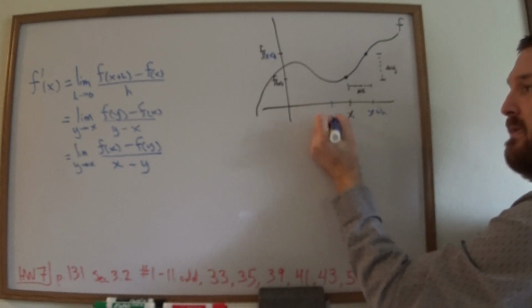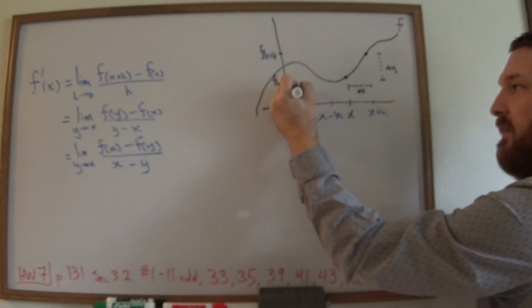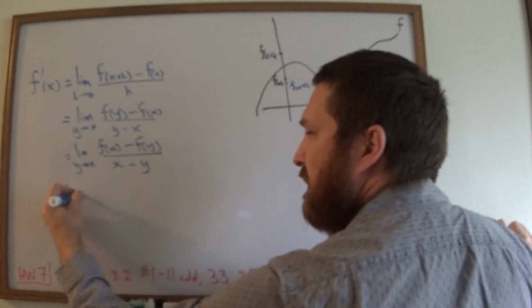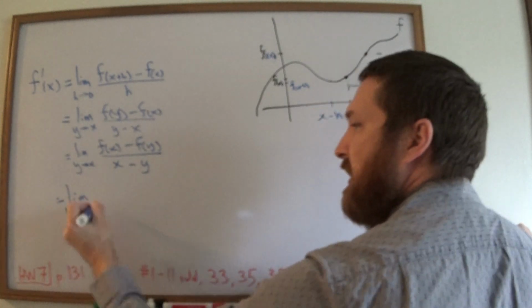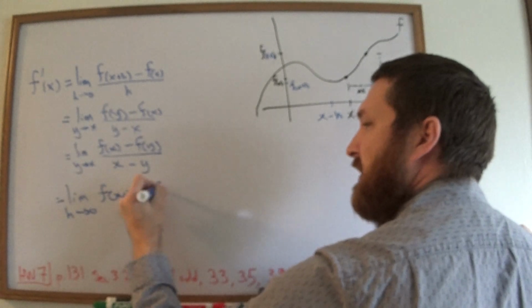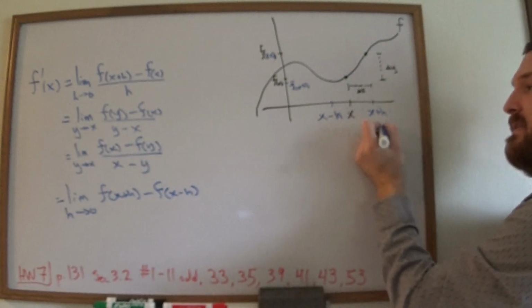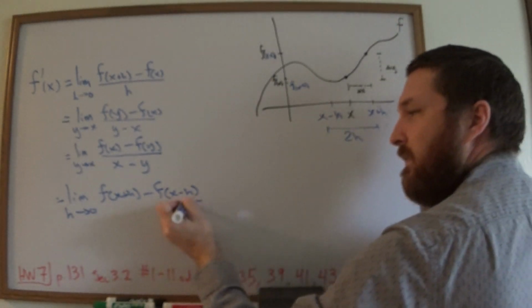So you're at x minus h, and now you have another one here, f of x minus h. Now you set up the limit as h still goes to 0, but now it's f of x plus h minus f of x minus h. Now instead of being over a distance of h, it's over a distance of 2 h's.